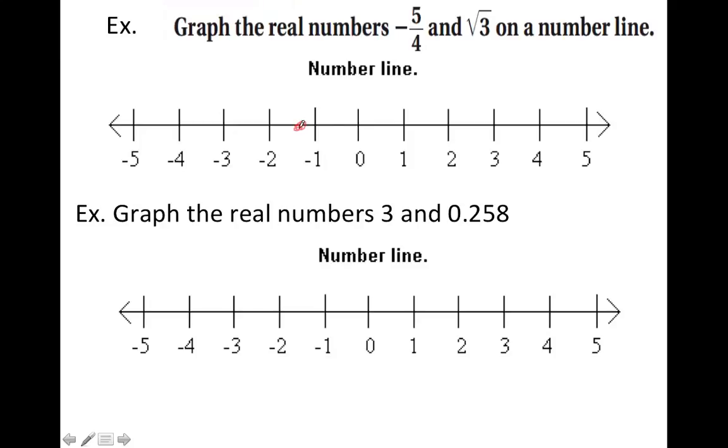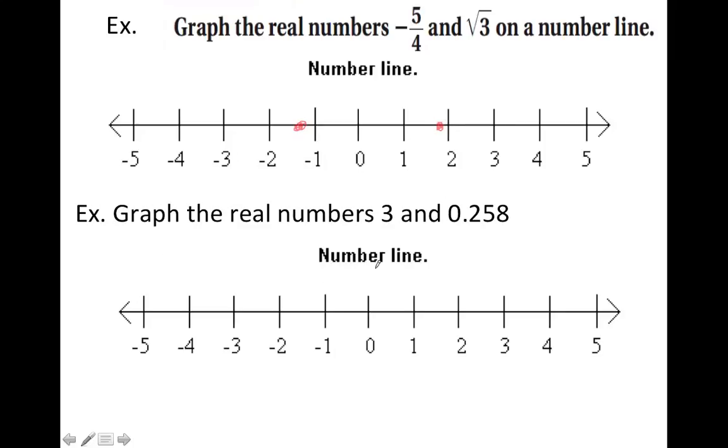So we'll plot our point there. Then type in the square root of 3, and you should get a decimal that doesn't repeat, 1.732050808. So it's greater than 1, but less than 2, and since it is greater than half, we're going to plot it closer to 2. Again, if it's not a whole number, just plot it approximately.